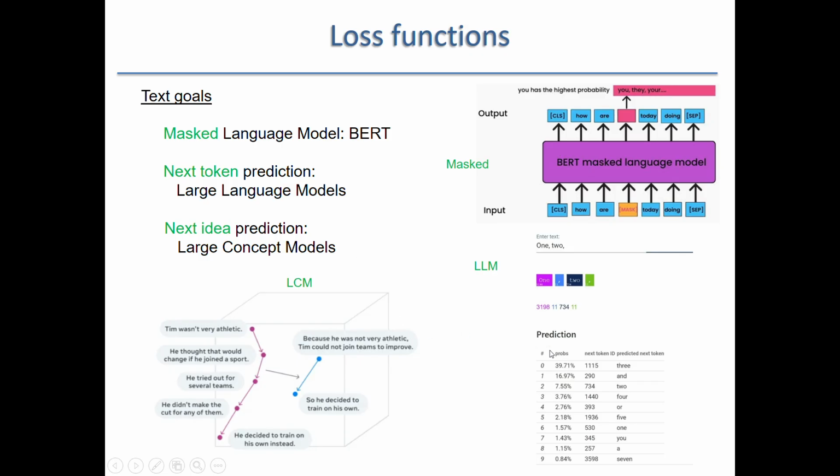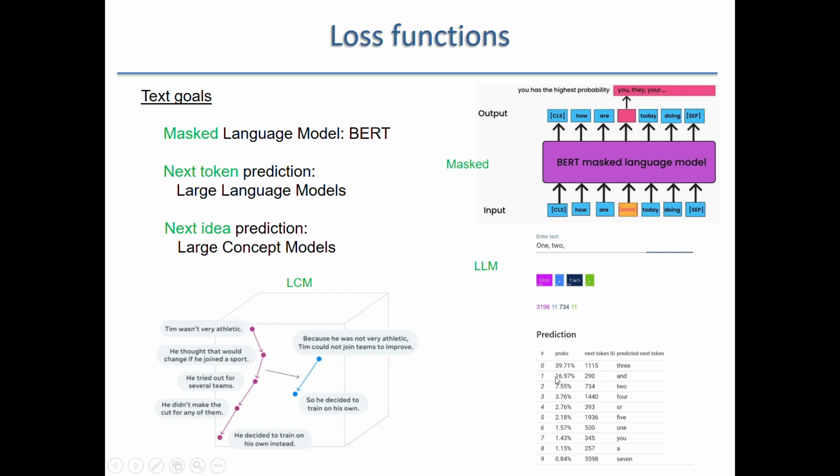So for instance, let's say that all of these words have class numbers. So this is class 3198, 11, 734, and so on. After this one, what is the next word? The next word is 3 with probability 39, and 2 with probability 16, and so on.